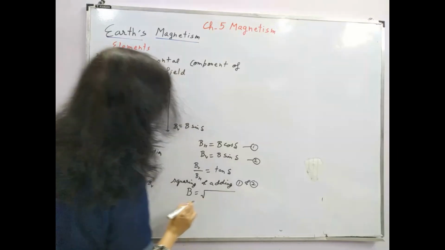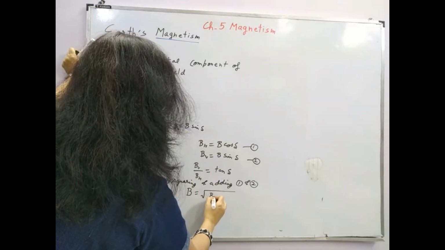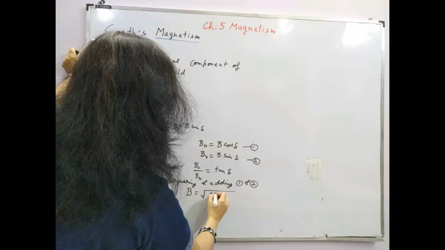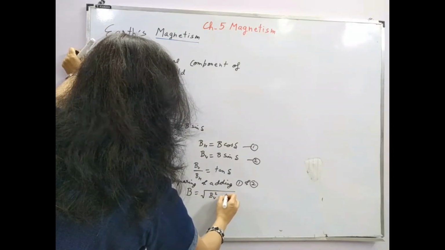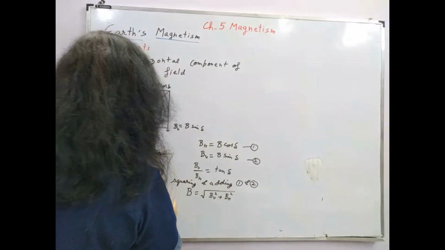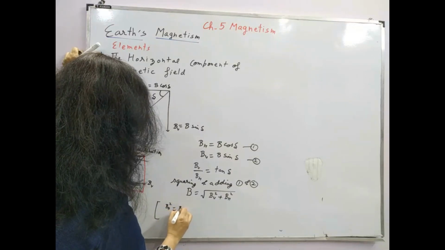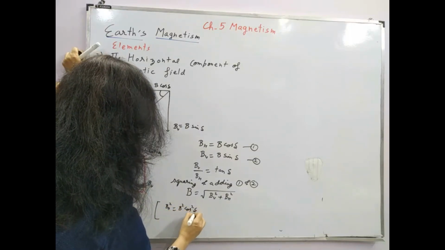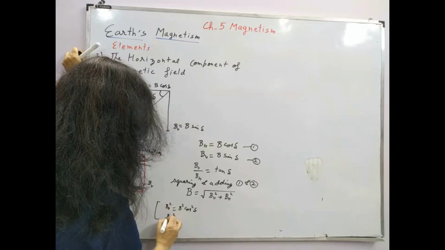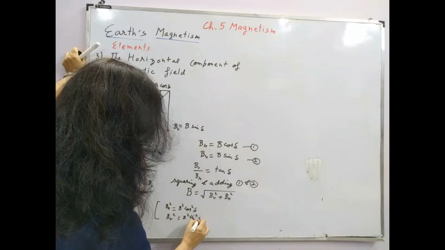B is the square root of BV square plus BH square. How? Since BH square is equal to B square cos square delta and BV square is equal to B square sin square delta, right?